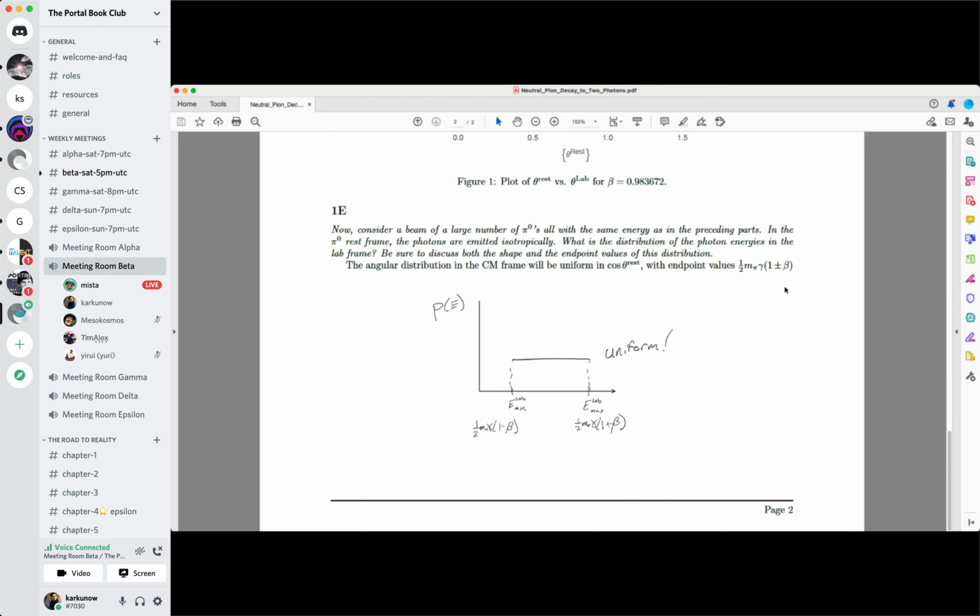And my argument is just that we were able to write the energy in the lab frame in terms of the cosine of theta rest. And because we're uniform in theta rest, then we'd be uniform on the interval -1 to 1 for cosine theta rest.